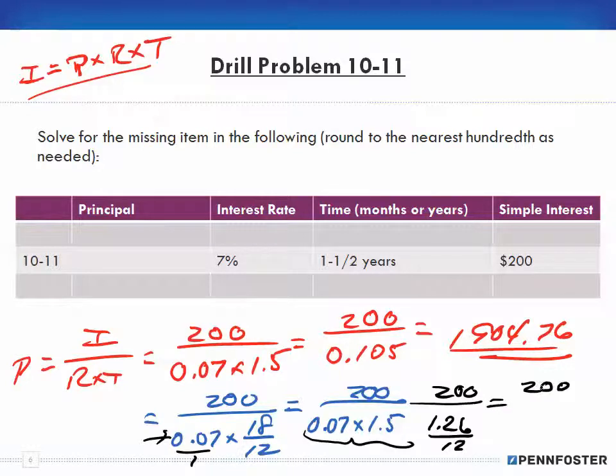Now, when I did the division there, I would have ended up with the same 200 over 0.105. So as you can see, there's like 3 different ways I did this depending upon how you're doing the math.